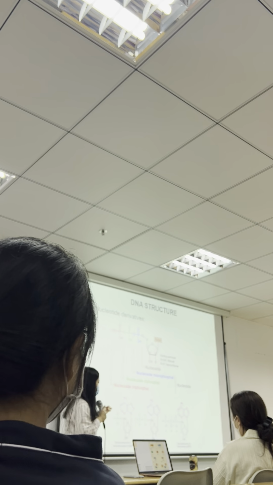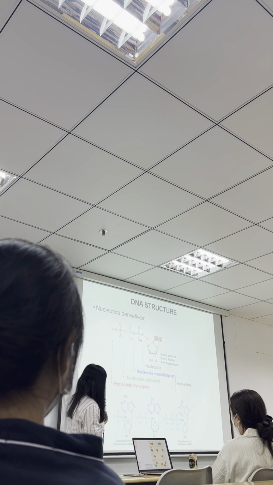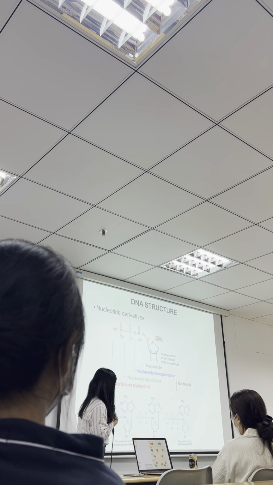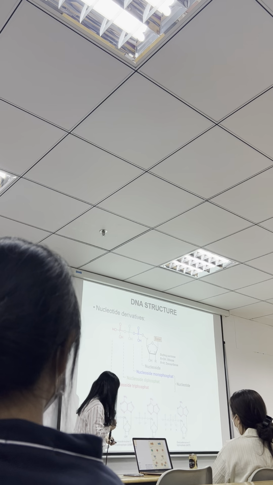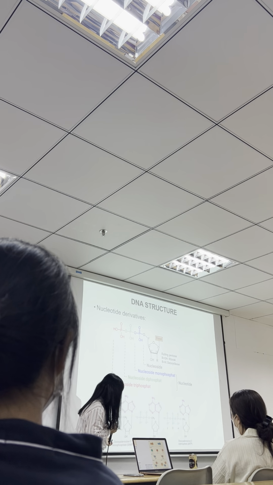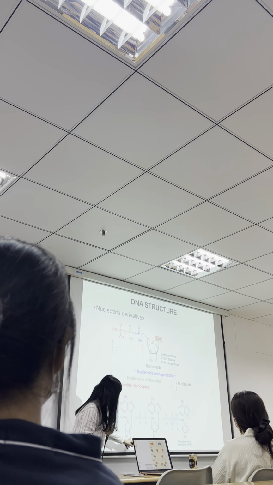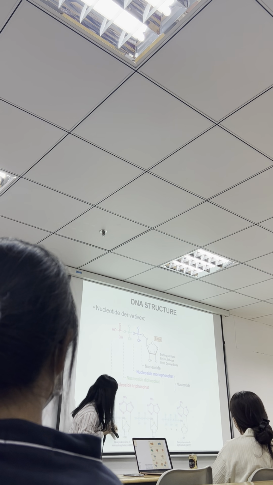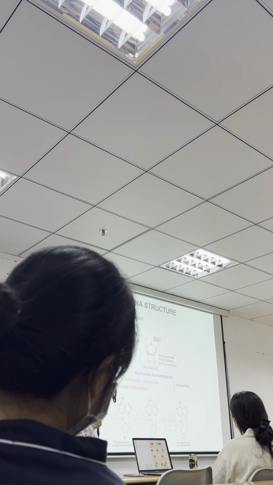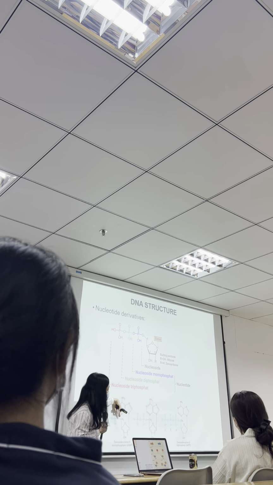So if you want to call the full name of the nucleotide structure, we call it deoxyadenosine, to show that this nucleotide lacks oxygen here, and adenosine means it contains the adenine base. 5 prime to show the carbon number 5.